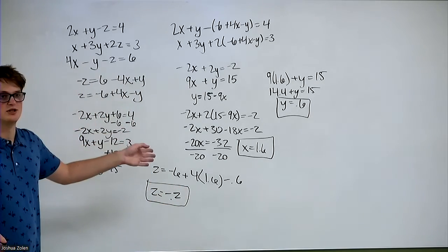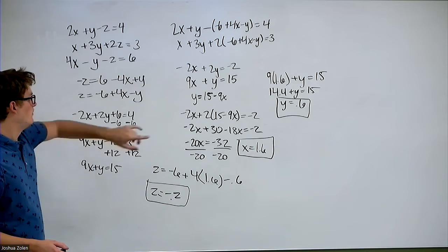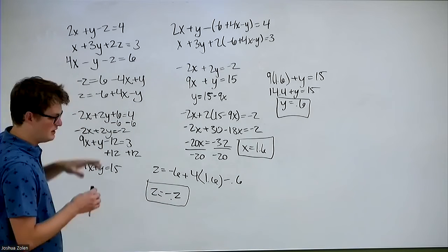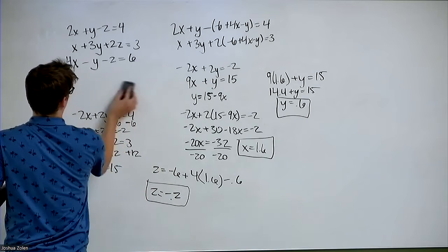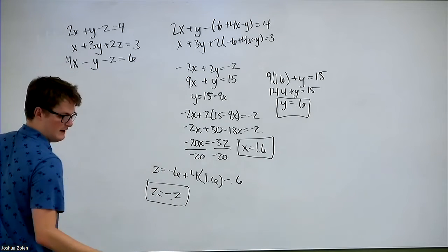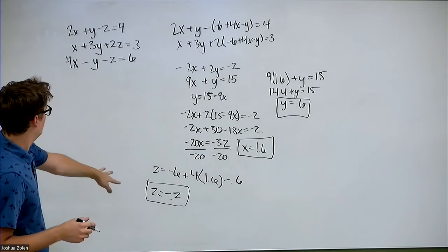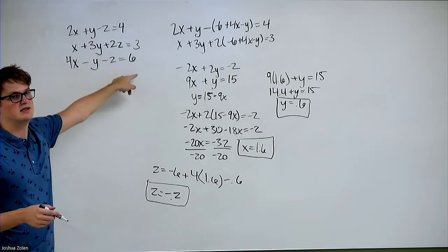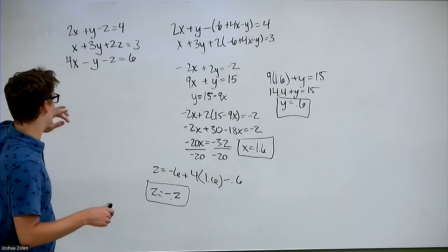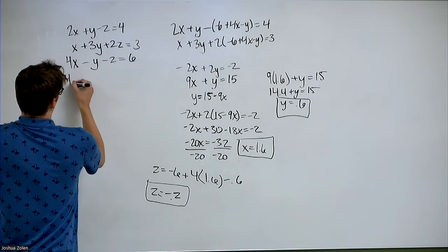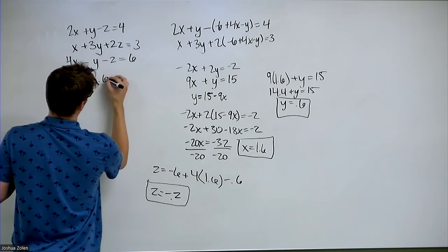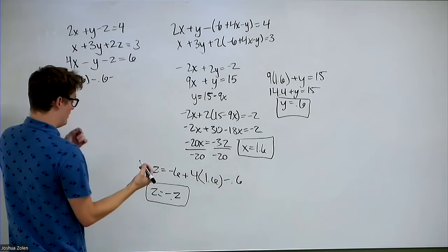Now we're just going to check to make sure that this method has worked. We're going to take all three of them and plug them back into this equation right here. If we plug these three variables in for these letters and it gets 6, then we know that our answer is correct. So we have 4 times 1.6 minus y, which is 0.6, minus z, which is -0.2.